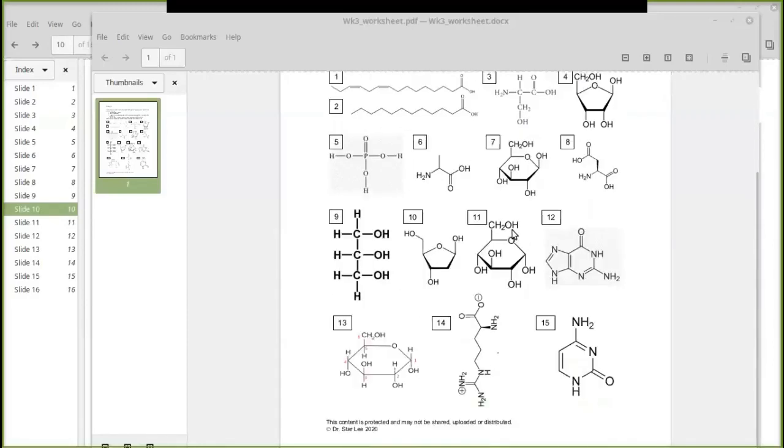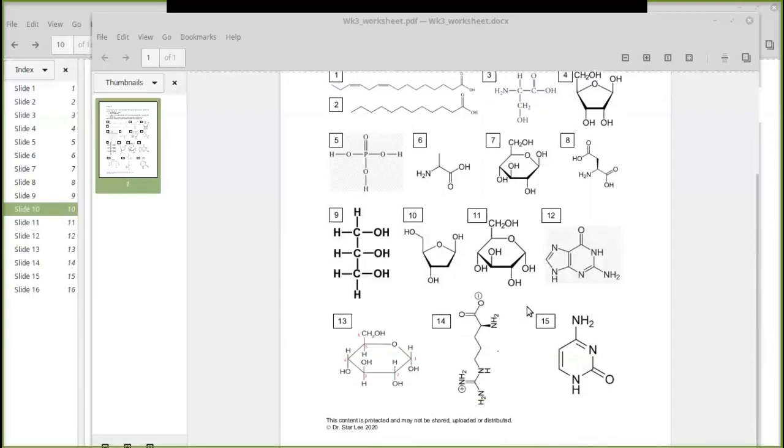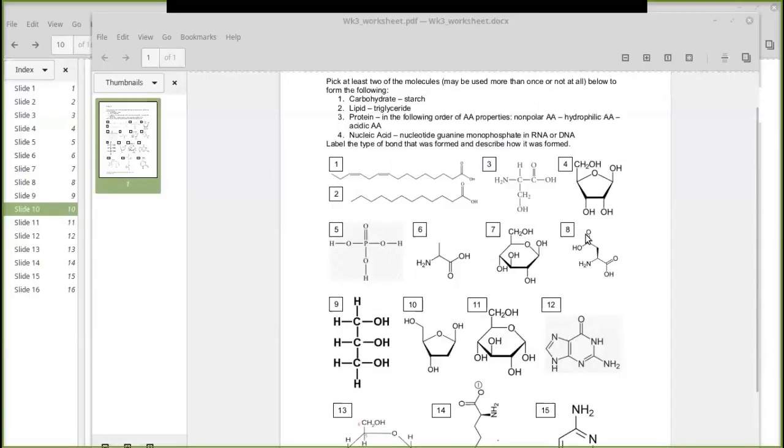What about the acidic group? 14. Where would the R group be located in this molecule? So you have your amino group and your carboxyl group here.